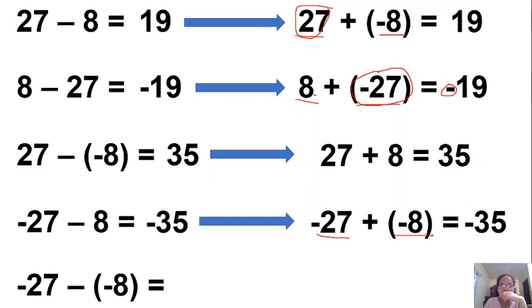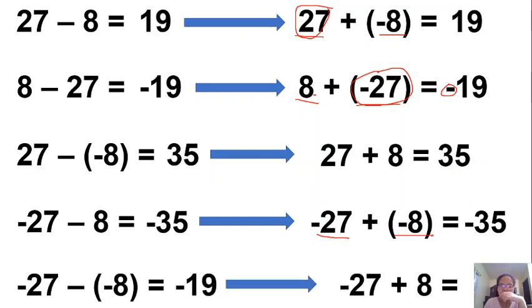Negative 27 minus negative 8 will give us negative 19, which is the same with negative 27 plus 8. So when we add two addends with different signs, we simply get the difference regardless of the sign. Imagine subtracting 8 from 27. And why is it negative here? Because we copy the sign of the number with a greater absolute value, which is negative 27.